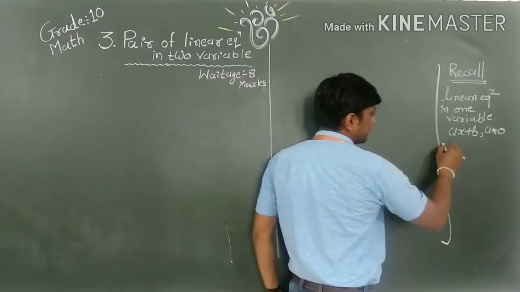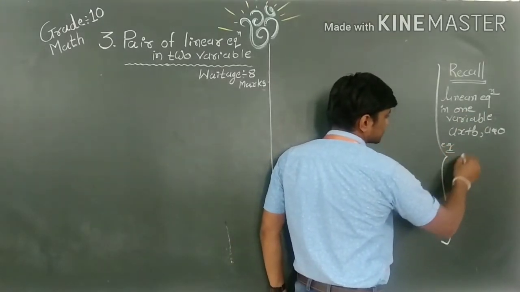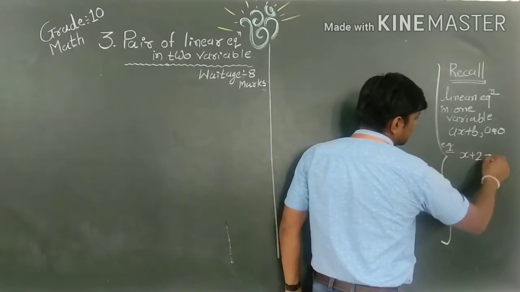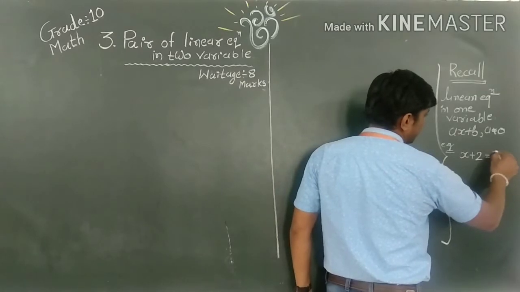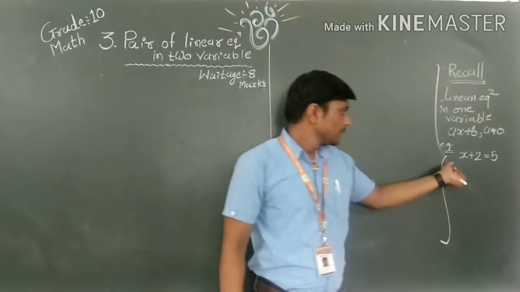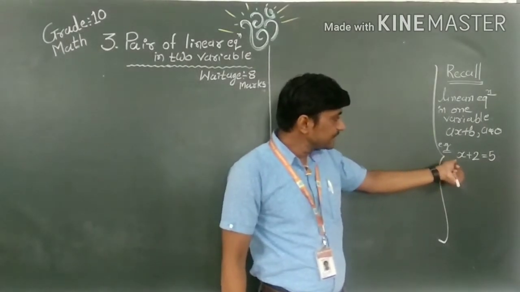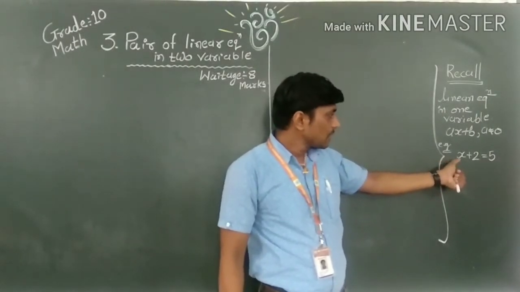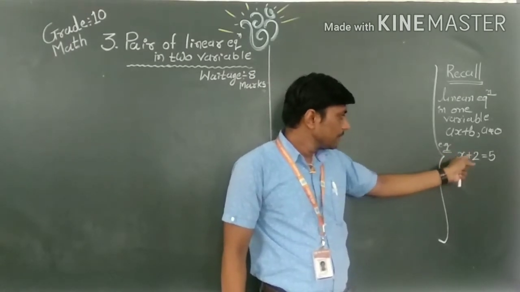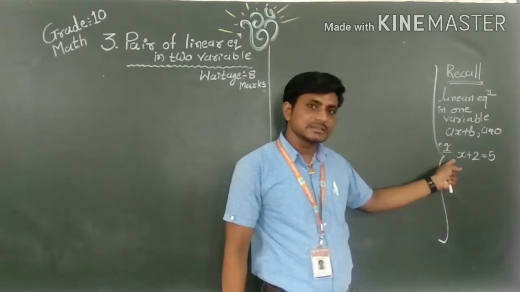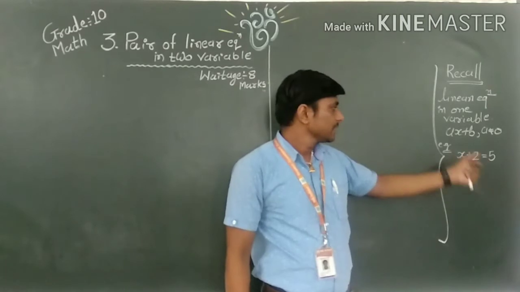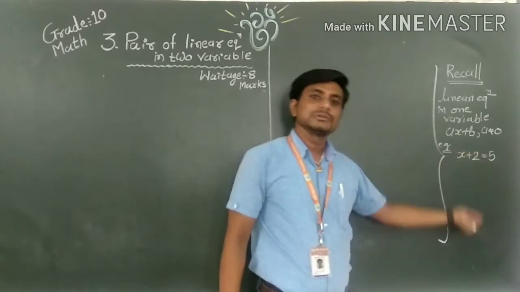Now see an example. Suppose I write x plus 2 is equal to 5. This is a linear equation. Here in this equation there is only one unknown number. We don't know what x is. If we simplify this equation, we get x equal to something.